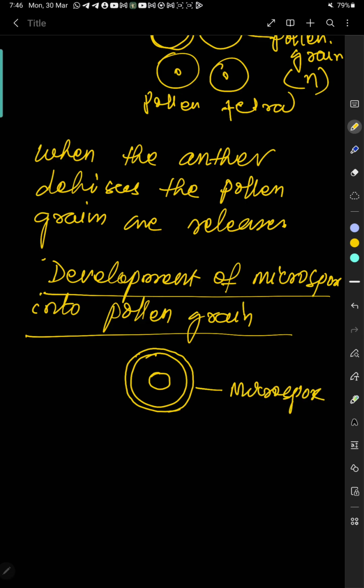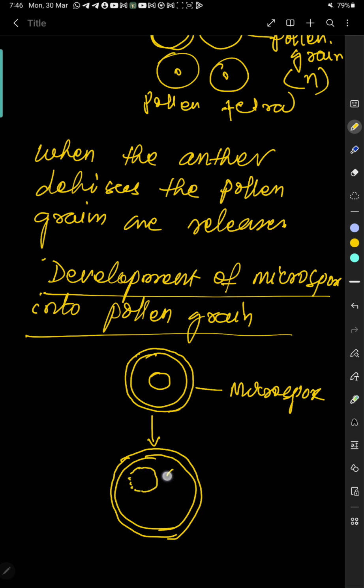Now this microspore grows in size, and it stores the food materials and water in the vacuoles.